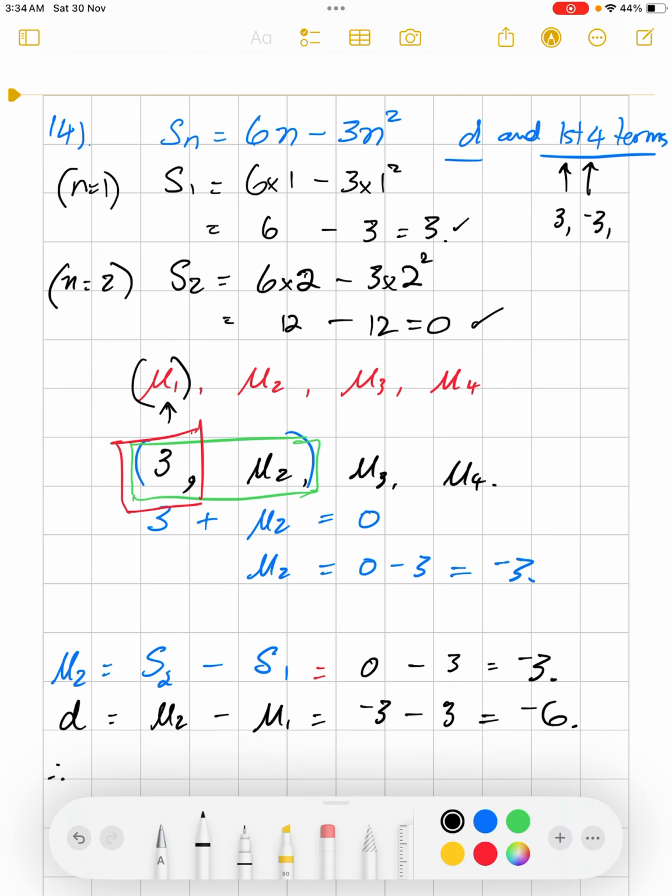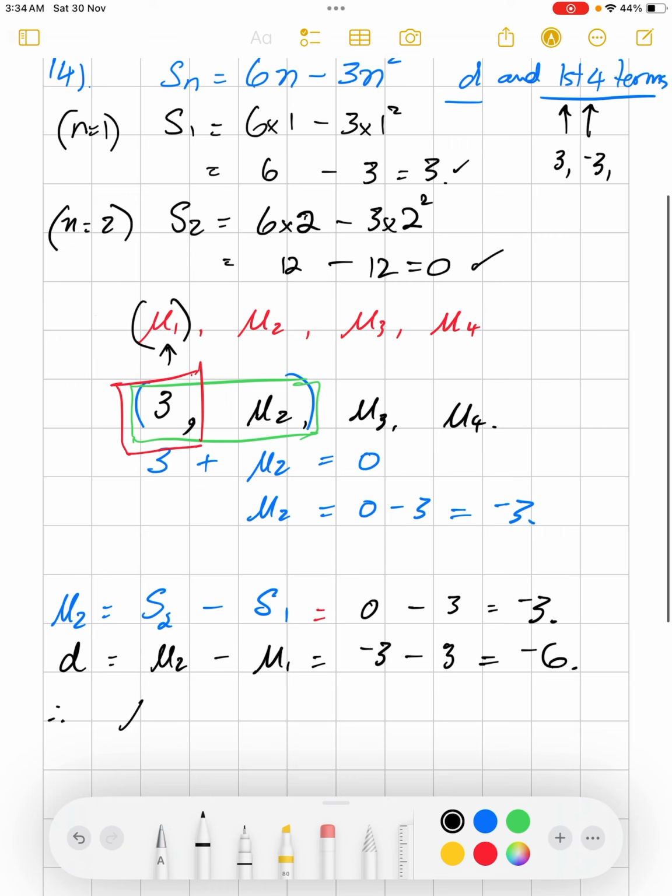So we can say the third term is the first term plus, we'll use that formula. So the first term is positive 3.